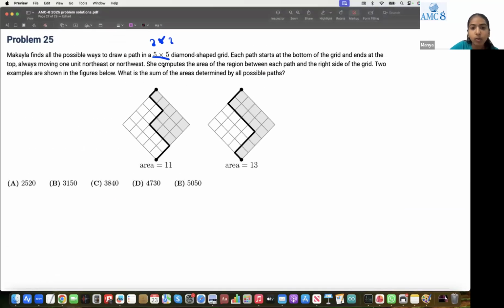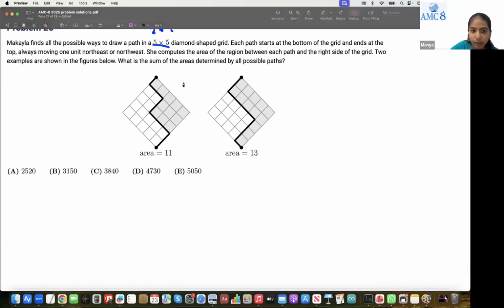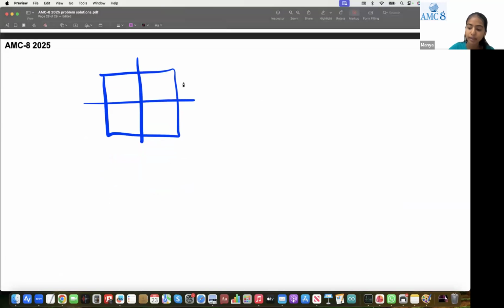Now they're asking us, even in the problem over there, they said that they want us to find each path, okay? So to find each path, suppose that we can go right, up, right, up. And we can go from up, right.